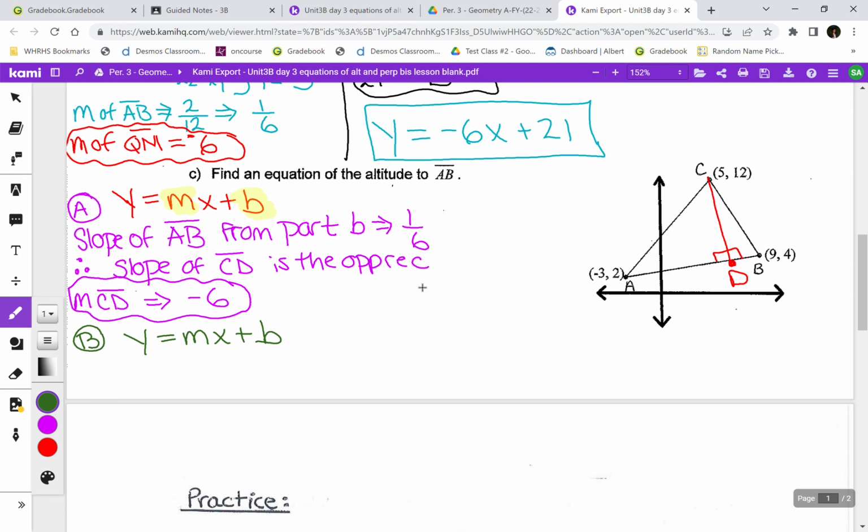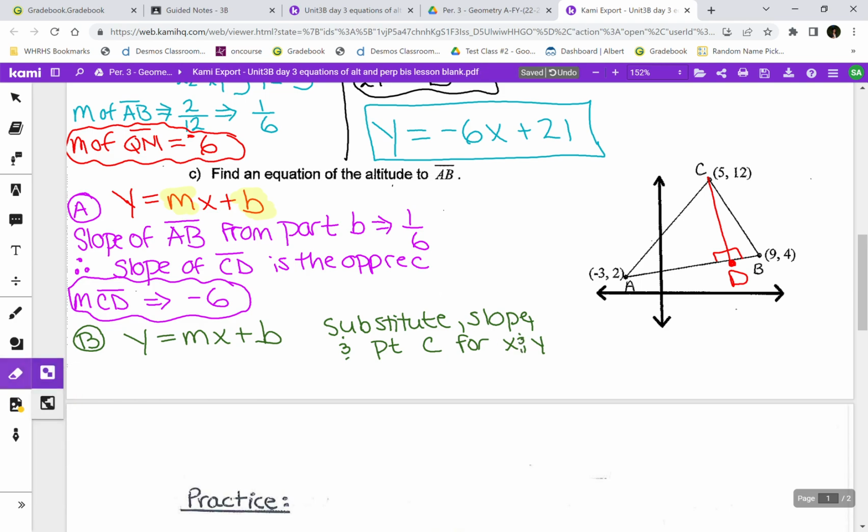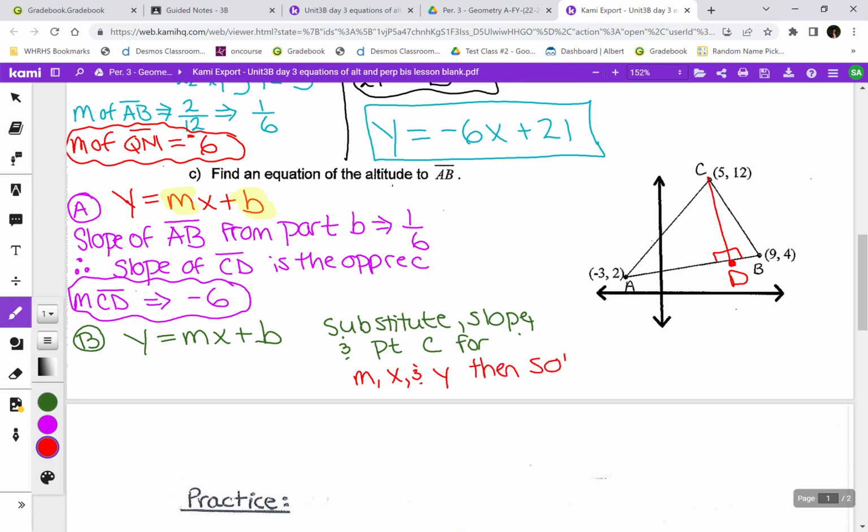So for part B, we're going to substitute slope and point C for m, x, and y. Then solve for b.